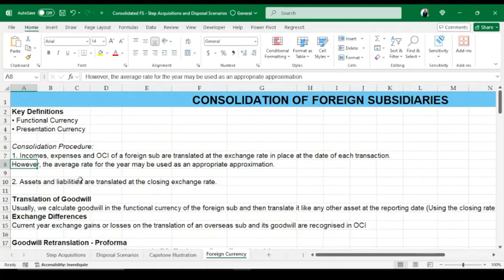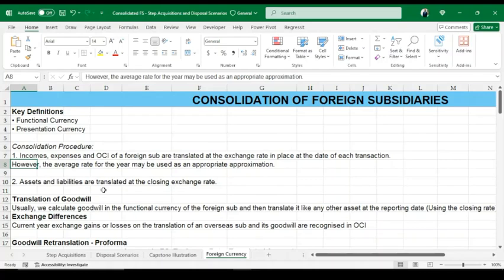Then the second procedure is the statement of financial position, of course, and we are talking about assets and liabilities. What we are saying is that the assets and liabilities are translated at the closing exchange rate.